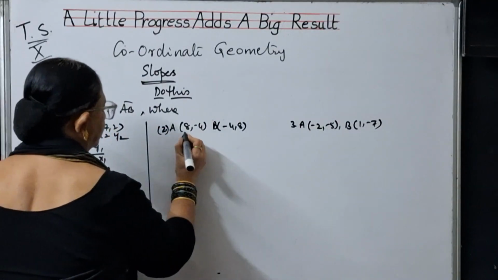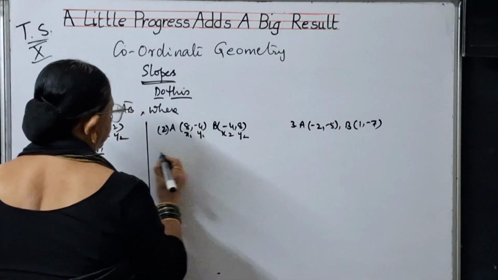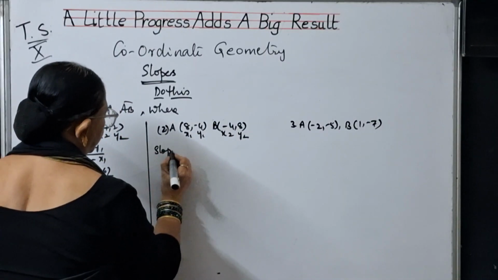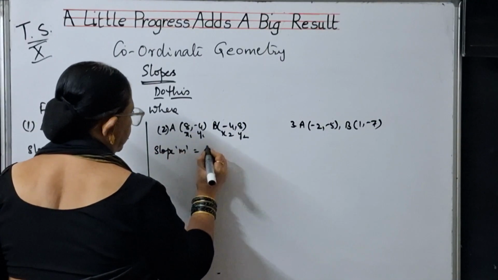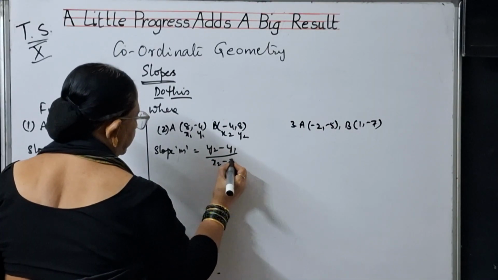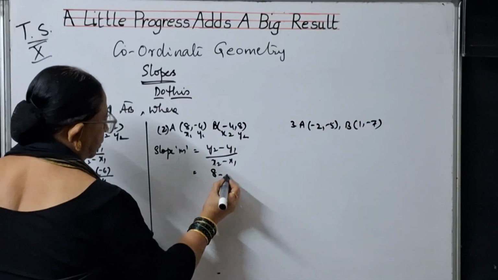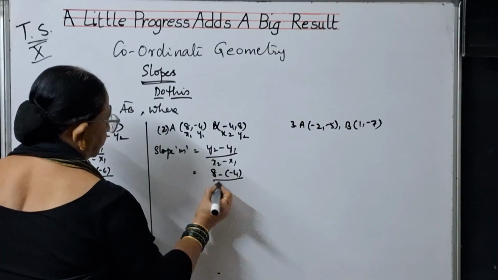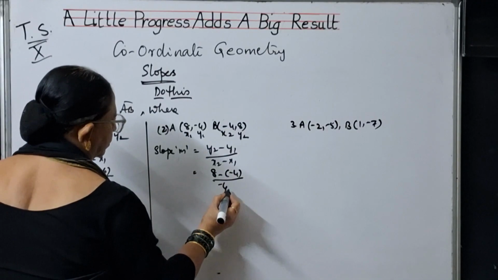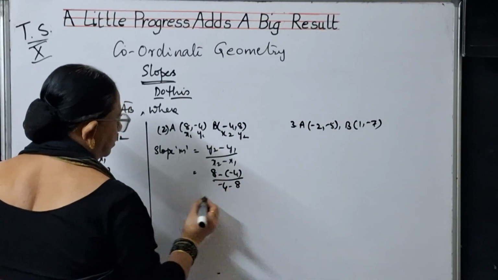Second one again, this is x1, y1, x2, y2. Slope m is equal to y2 minus y1 by x2 minus x1. So y2 is 8 minus y1 is minus 4, by x2 is minus 4 minus x1 is 8.